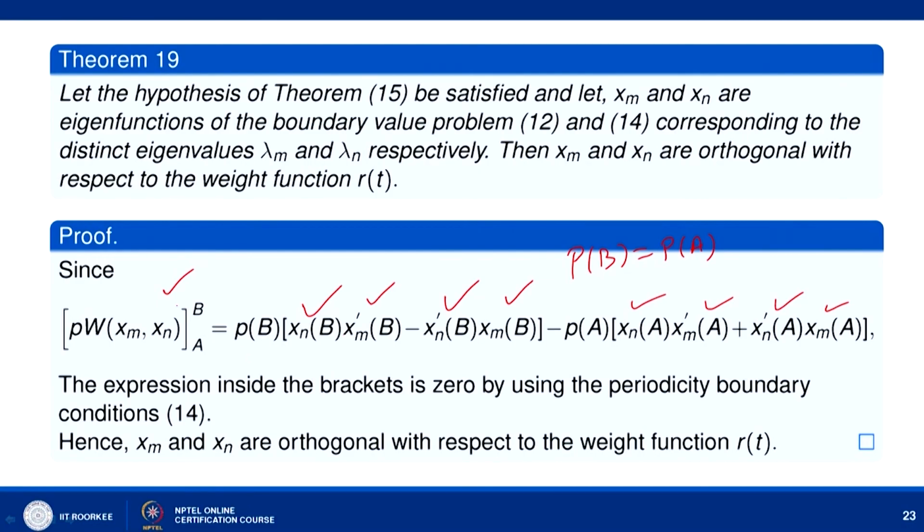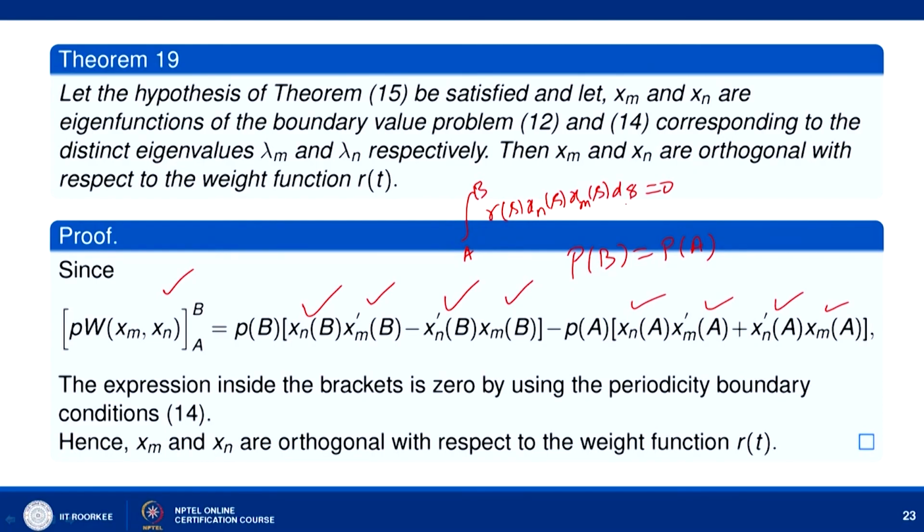So, it means that if this quantity is 0, we have already proved that the integral from a to b of r(s) x_n(s) x_m(s) ds is equal to 0 here.